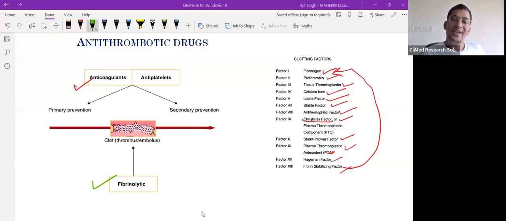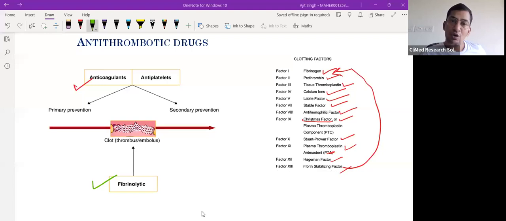So anticoagulants usually means these are stopping the formation of clots. But fibrinolytics means which are dissolving the established clot. So usually anticoagulants are preventive therapy.